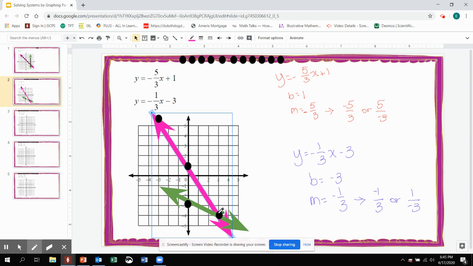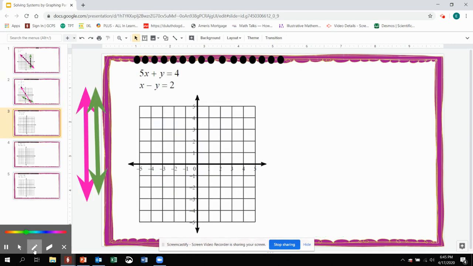To find the value of this point, I would start at the origin, move right 3 units, and then move down 4 units. So the solution to this problem is positive 3 as my x value and negative 4 as my y value.